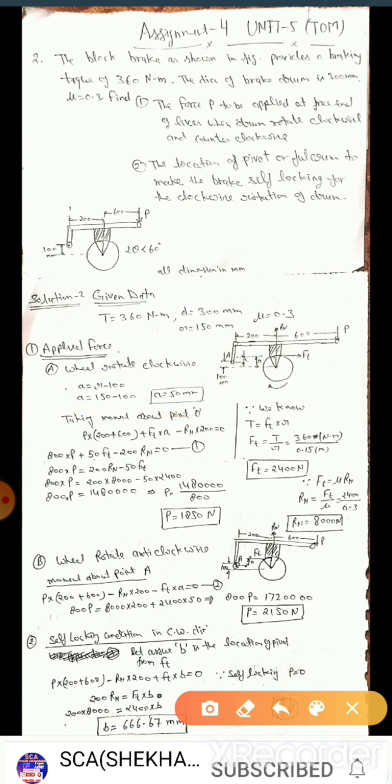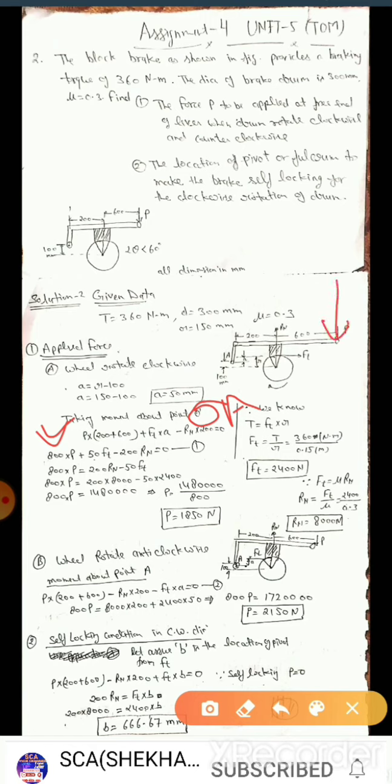Now taking moment about point A. Sorry, here it is noted as O, but it is A, not O. So when the wheel rotates in the clockwise direction, Ft acts towards the right.